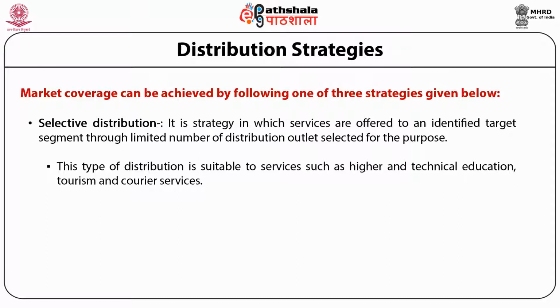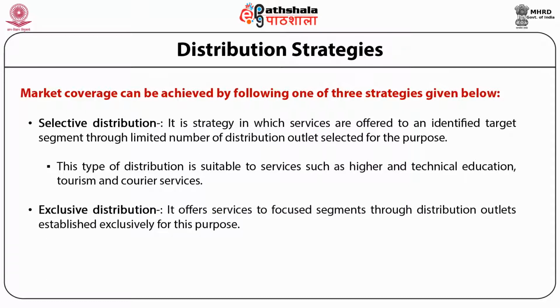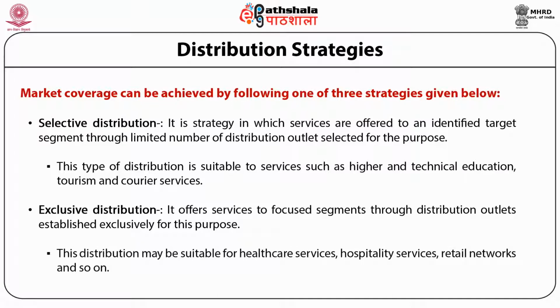Next point is exclusive distribution. It offers services to focused segments through distribution outlets established exclusively for this purpose. This distribution may be suitable for healthcare services, hospitality services, retail networks, and so on.